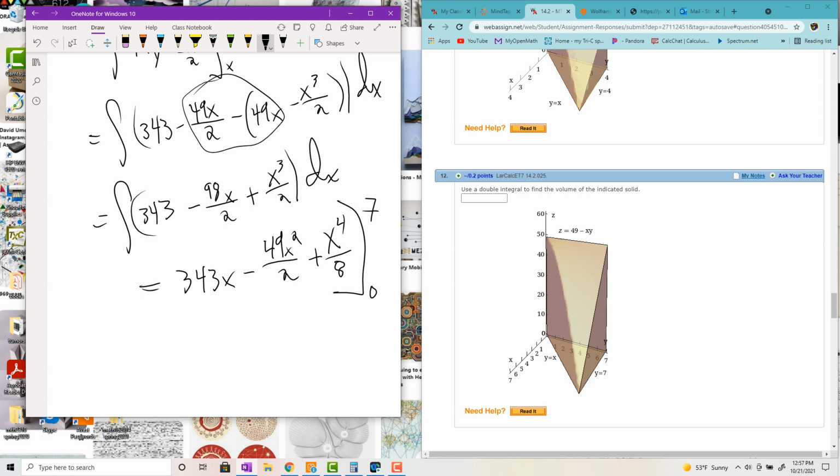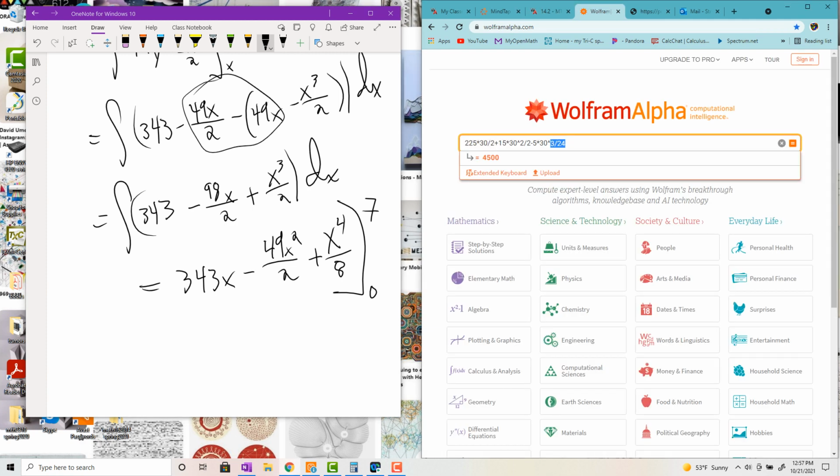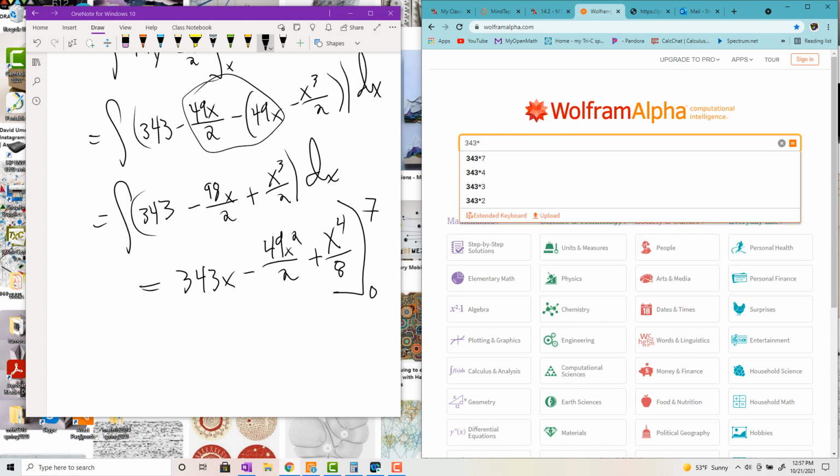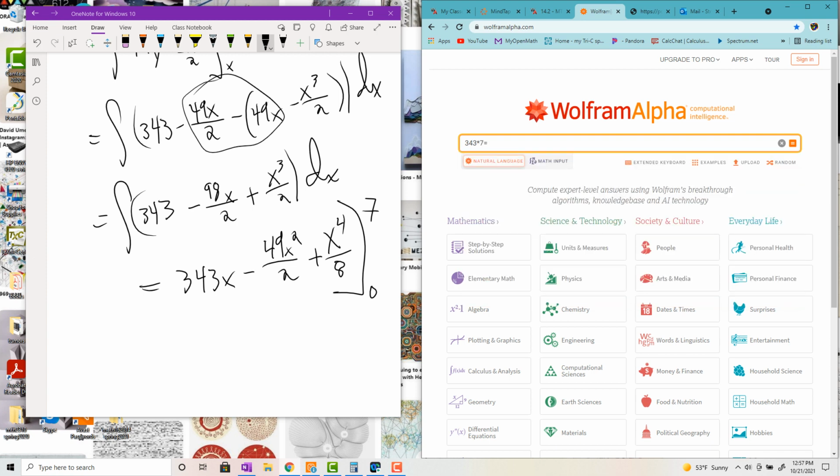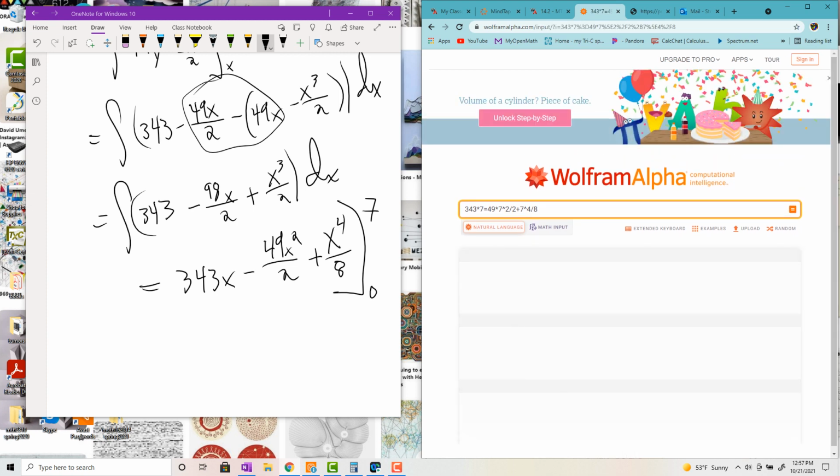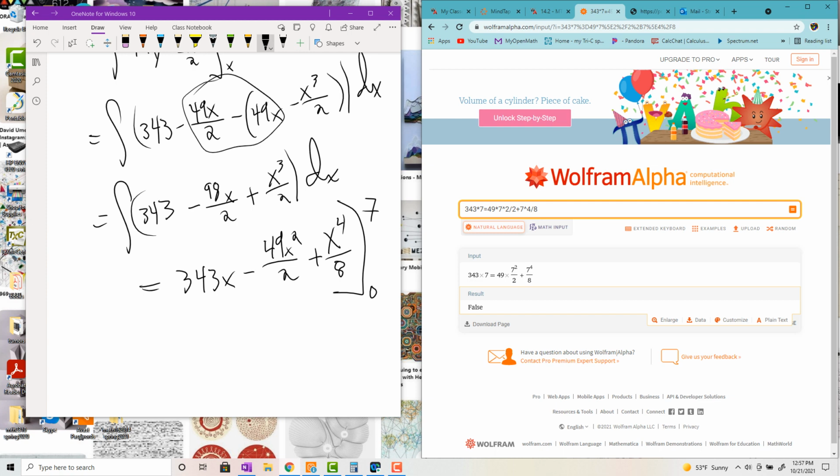And then I'm just going to go to Wolframize it. 343 times 7 minus 49 times 7 squared divided by 2 plus 7 to the 4th divided by 8. Wolfram doesn't even like that, so I'm not going to figure that out.